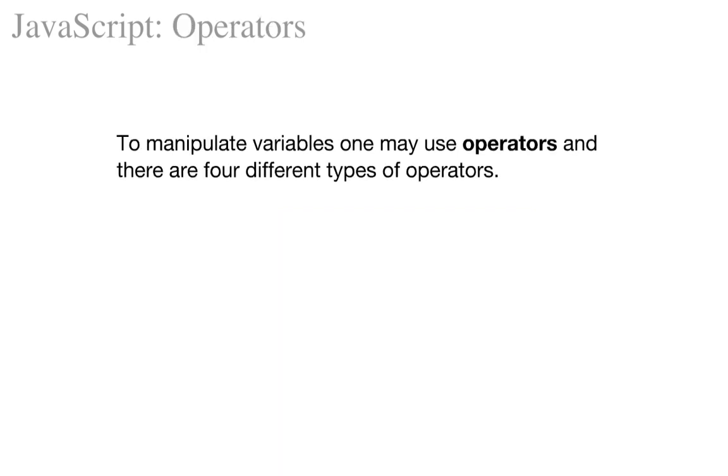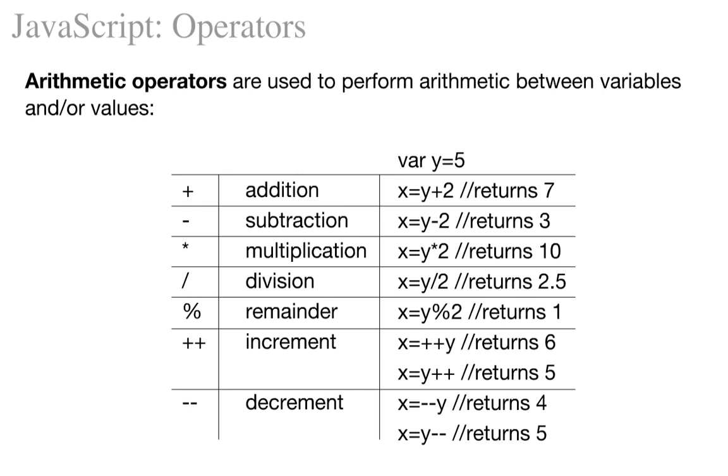To manipulate variables, one may use operators, and there are 4 different types of operators. Arithmetic operators are used to perform arithmetic between variables and/or values: addition, subtraction, multiplication, division, remainder, increment, and decrement.